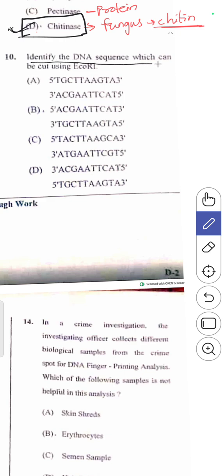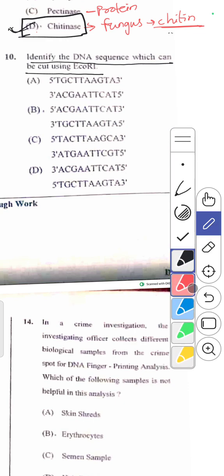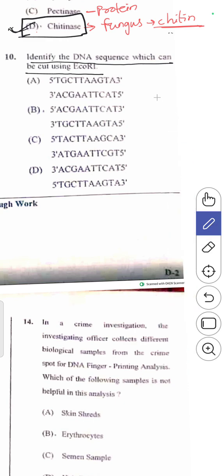Identify the DNA sequence which can be cut using EcoRI. So here EcoRI is one of the restriction enzymes. This restriction enzyme will recognize a particular sequence, that is a palindromic sequence, GAATTC. So this will read the DNA sequence from 5 prime to 3 prime.